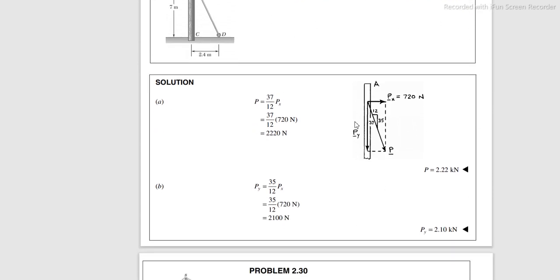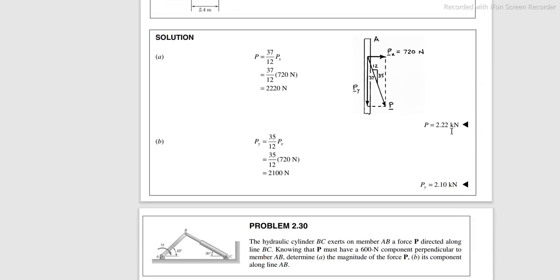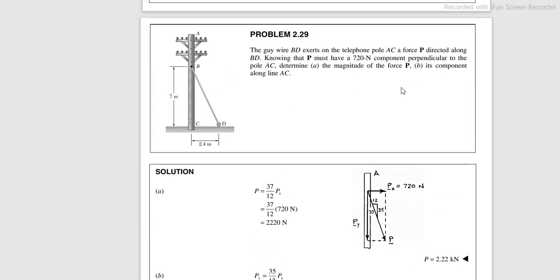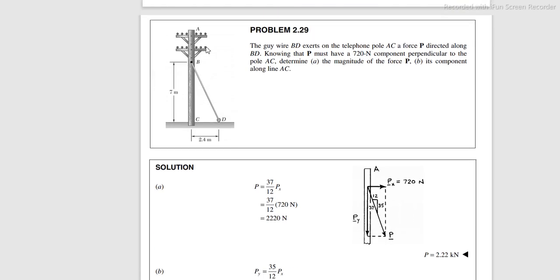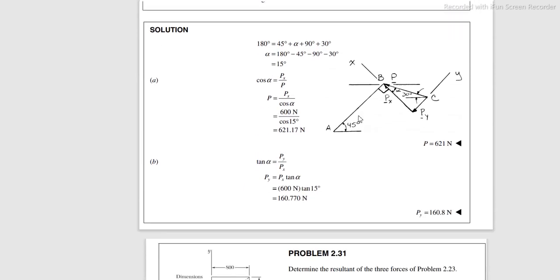Here is the free body diagram. P is 2.22 kilonewton and its component along AC, that means vertical Py, is 2.10 kilonewton.